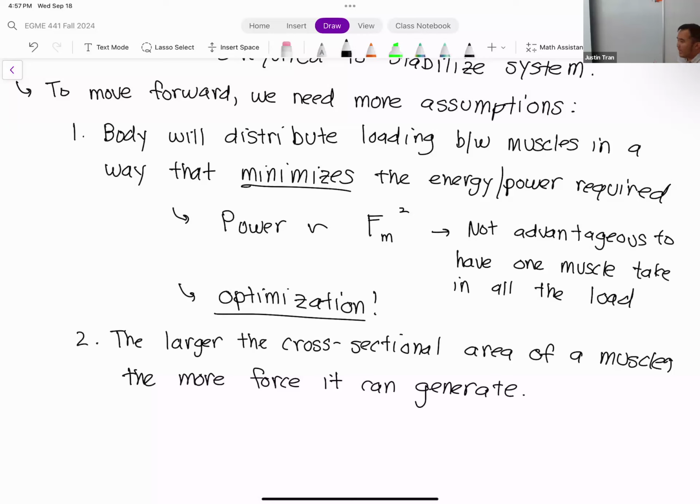Generally, this is actually a pretty good assumption, because if you look at how a muscle is designed, a larger cross-sectional area means that muscle has more muscle fibers acting in parallel.